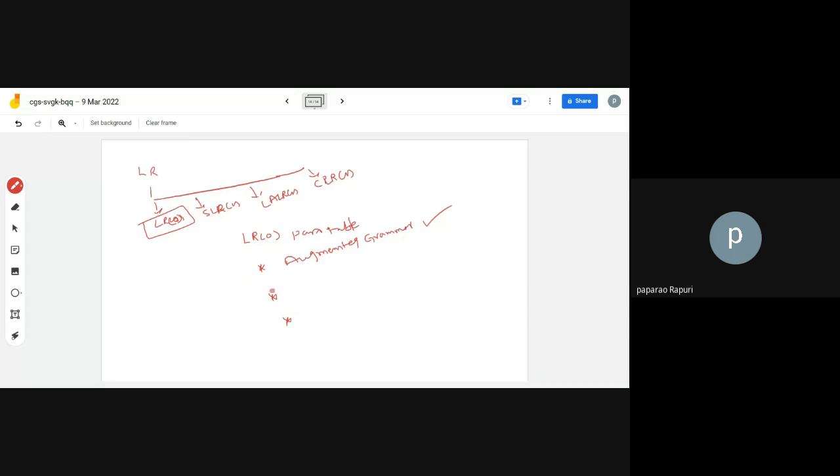And the second thing is we need to construct LR0 items. Here we need to construct the LR0 items DFA by using closure and goto.